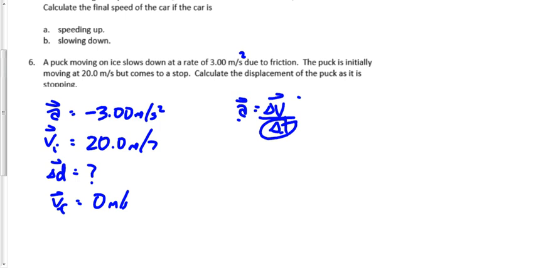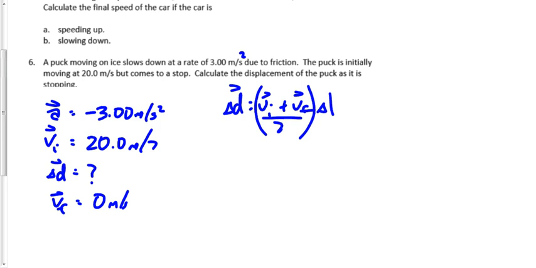That's fine. It's not what I did. How about this one? D is equal to VI plus VF over 2 times time. Is that a valid equation? Absolutely. VI, VF, good. Don't know what D is, don't know what T is. All right, that's not very helpful to me, right? 2 unknowns. Didn't get the wrong answer, though, did I?